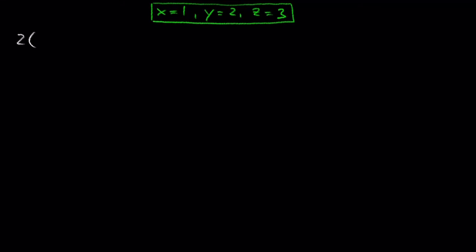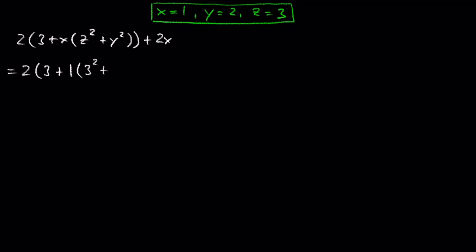Two times 3 plus x times z squared plus y squared plus 2x is equal to 2 times 3 plus 1 times 3 squared plus 2 squared plus 2 times 1.